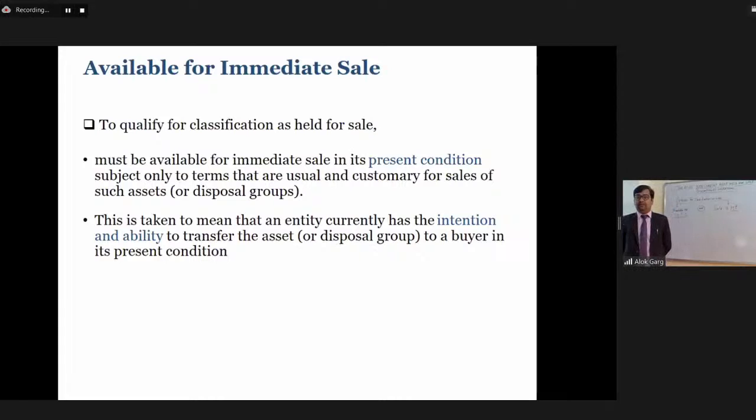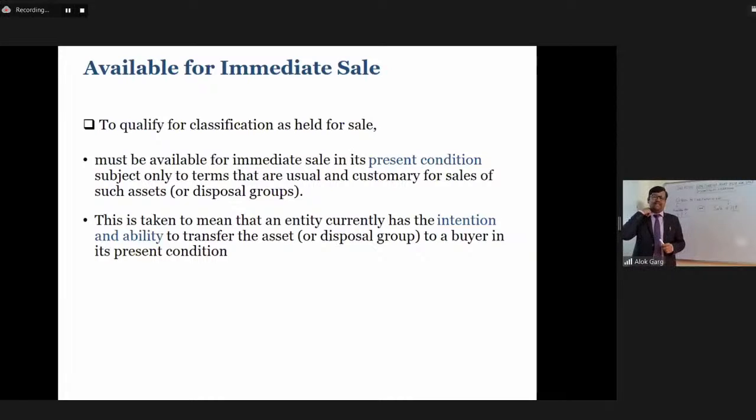What does it mean? For example, the company wants to sell a building, and the company will sell the building immediately, or the company will hand over possession of the building after doing the shifting. Okay, after doing the shifting. For example, when you buy a flat in resale, when you go to see the flat, the family or the tenant is living there.